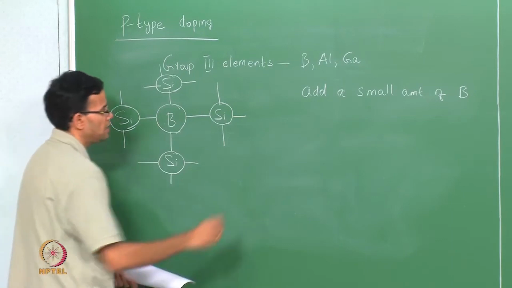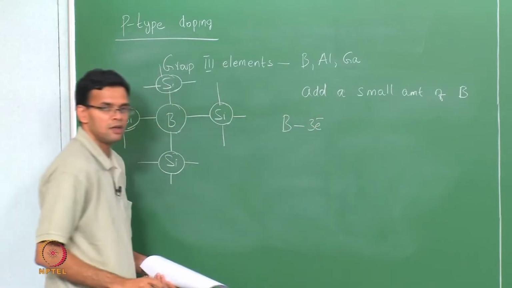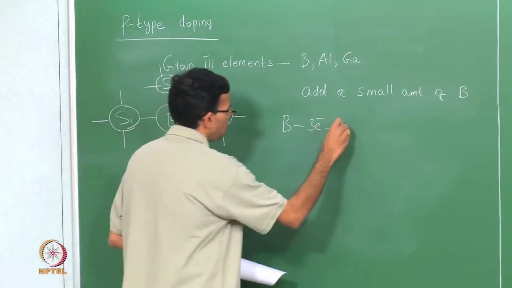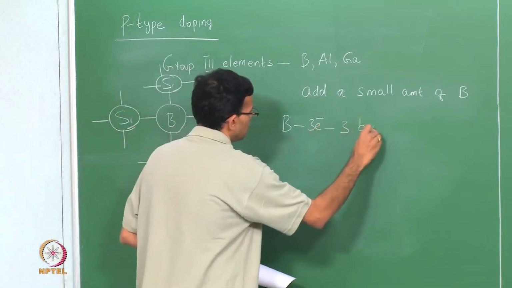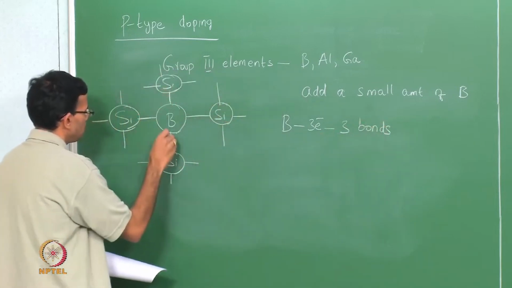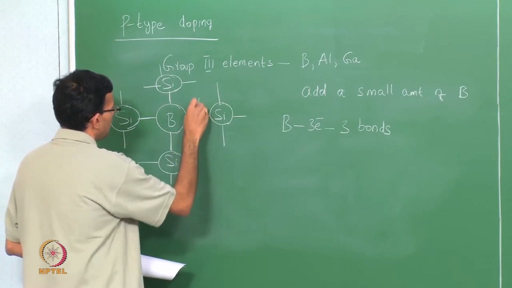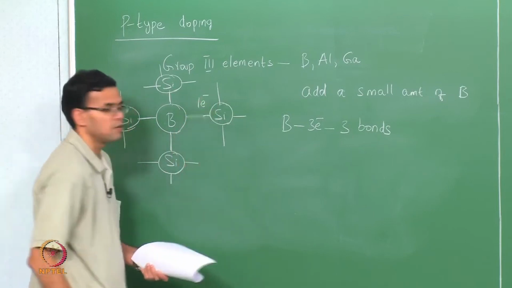Now, a boron has 3 electrons, so it can easily form a bond or 3 bonds. So, a boron can form 3 bonds, but this silicon atom has 1 extra electron.